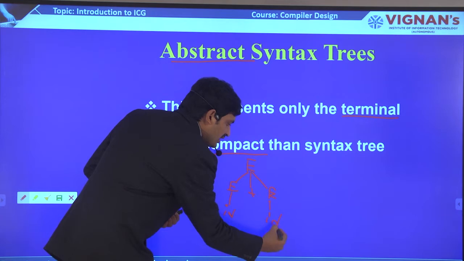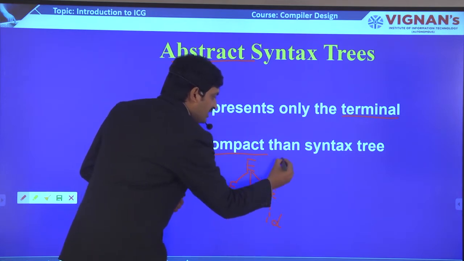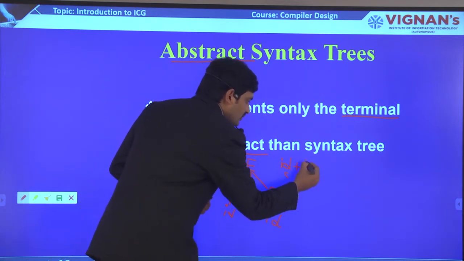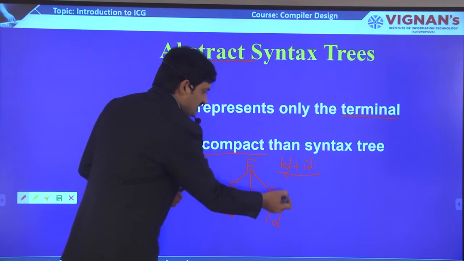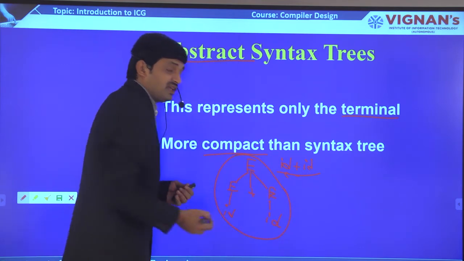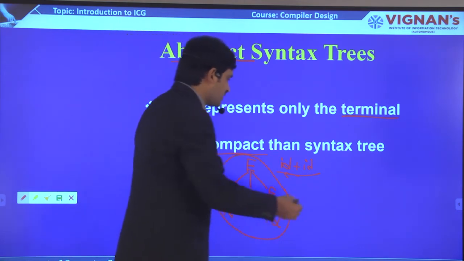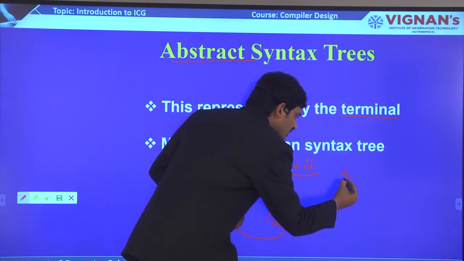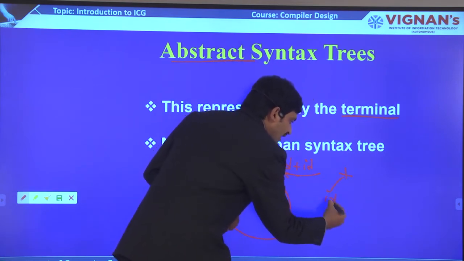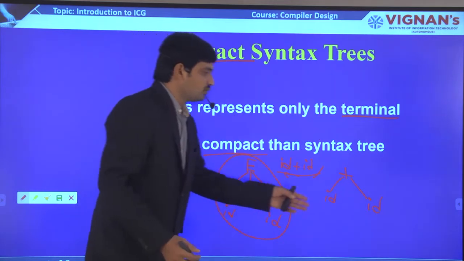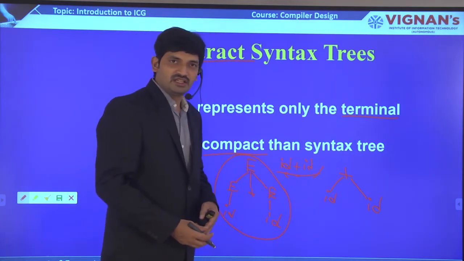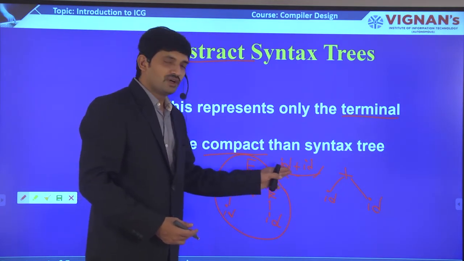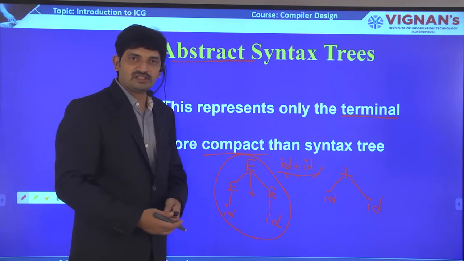So to generate the string id plus id, I can use this syntax tree. If I am going to generate the abstract syntax tree, no need to represent all the things, simply I can write id id. So this is the abstract syntax tree for generating this string id plus id.